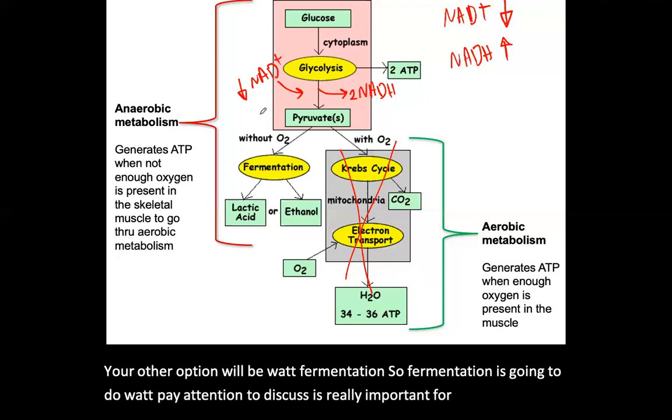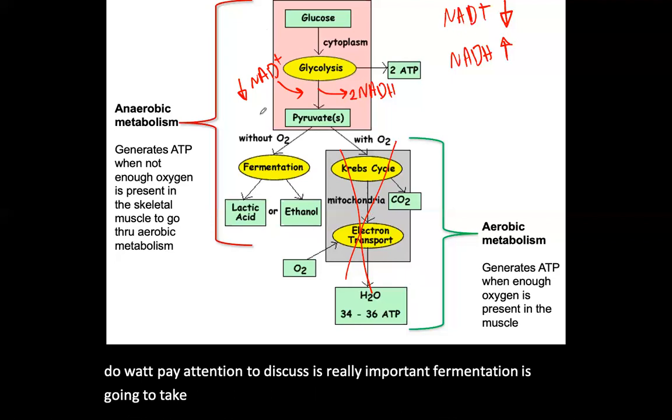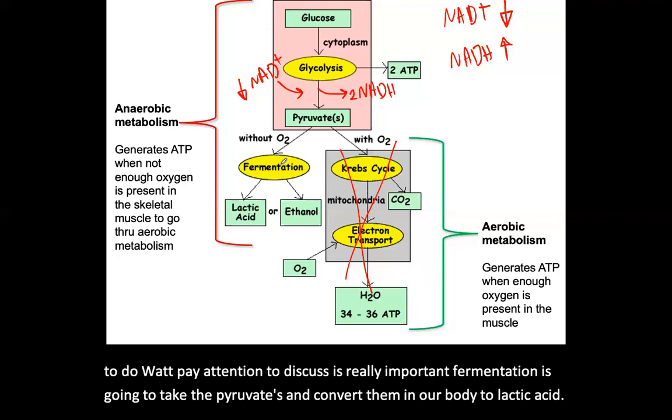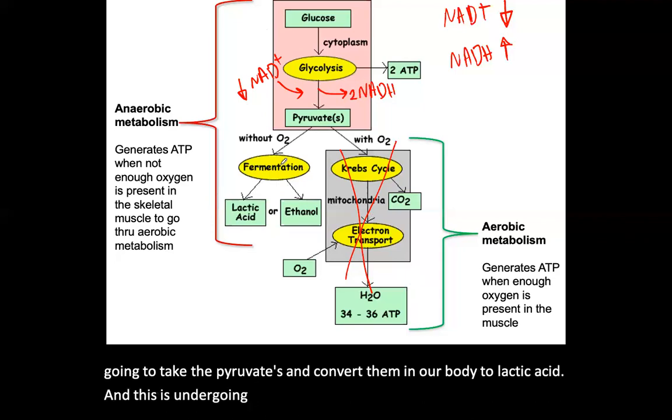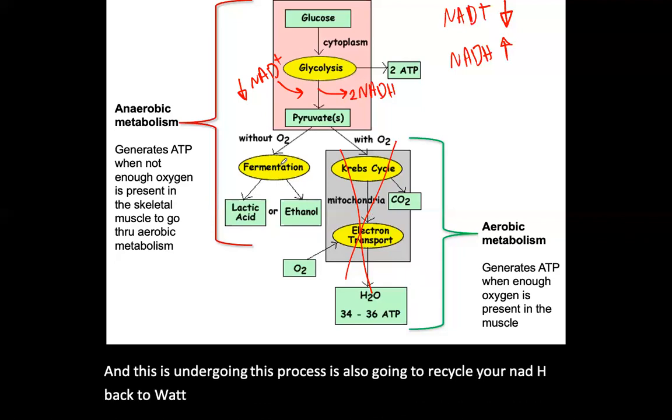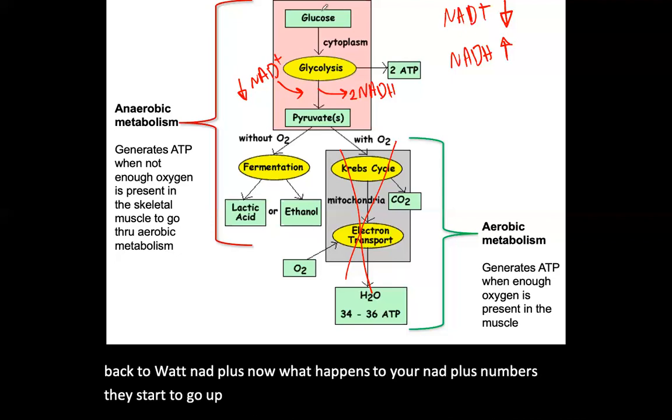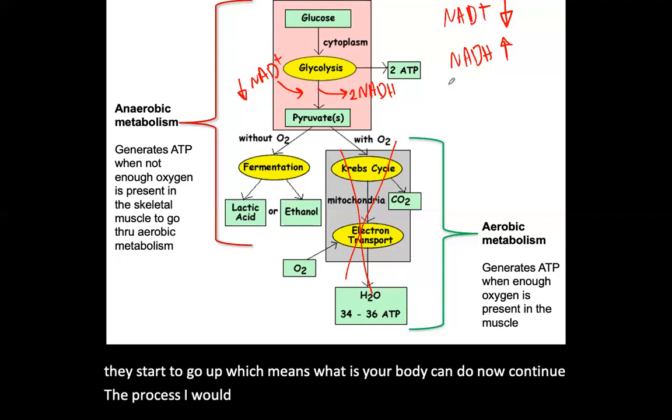Fermentation is going to take the pyruvates and convert them in our body to lactic acid. And undergoing this process is also going to recycle your NADH back to NAD plus. Now, what happens to your NAD plus numbers? They start to go up, which means your body can now continue the process of glycolysis and produce that 2 measly ATP to keep things going.